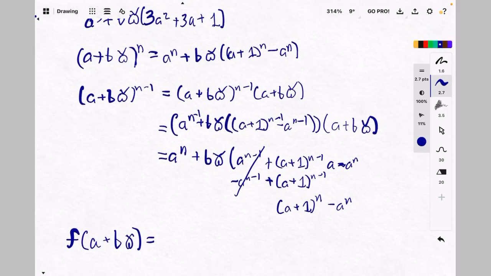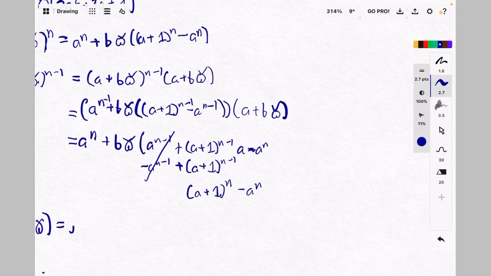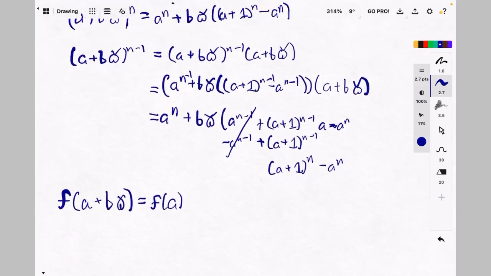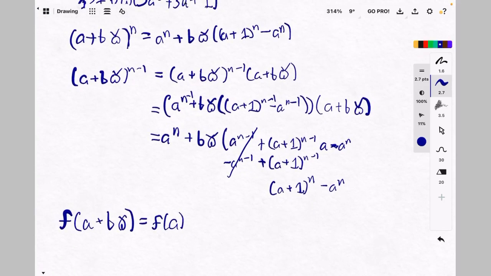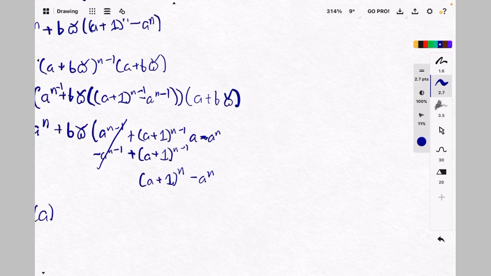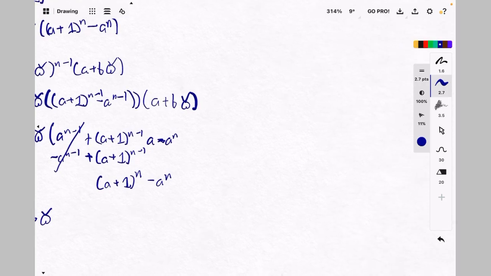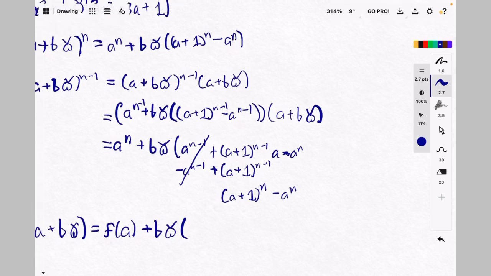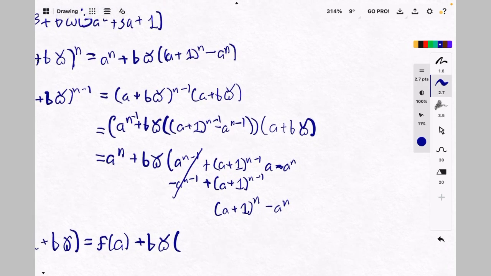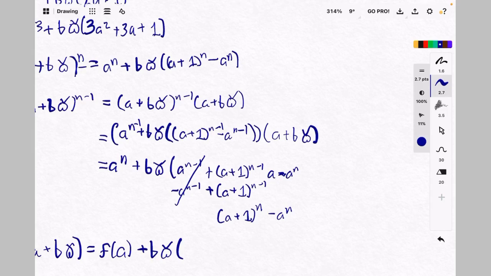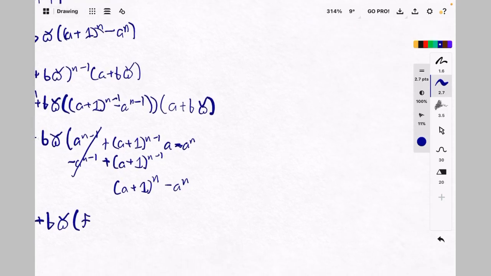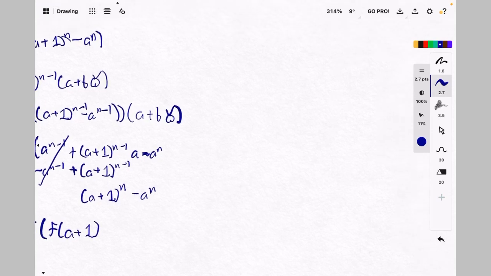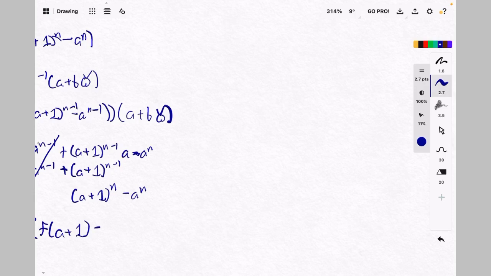So a to the n, we can just substitute with f of a, assuming you put this into a Taylor series. I know I'm skipping a bunch of steps, but this formula does work. Plus b telugu d, and then again, same power n, we can just substitute this with f of a plus 1. And then again, same power, minus f of a.